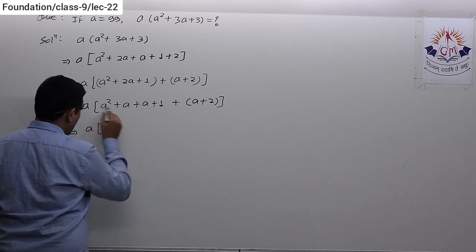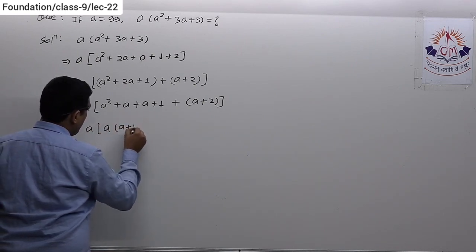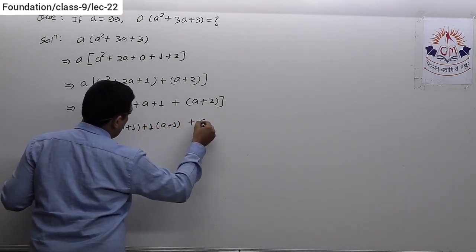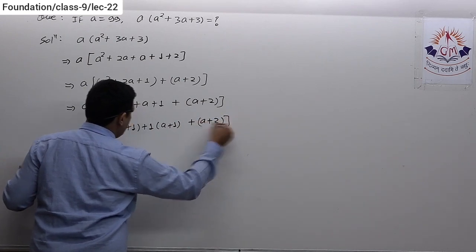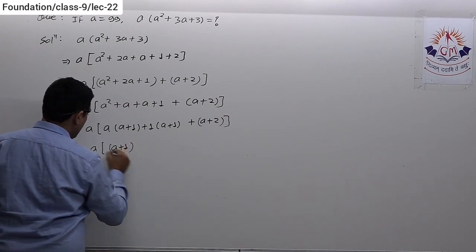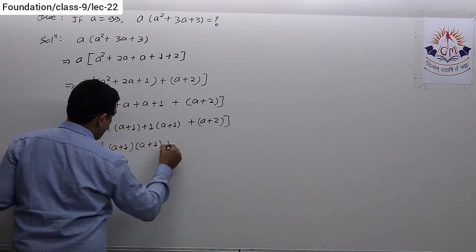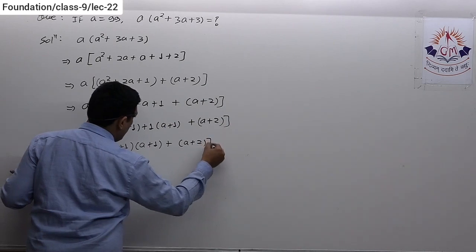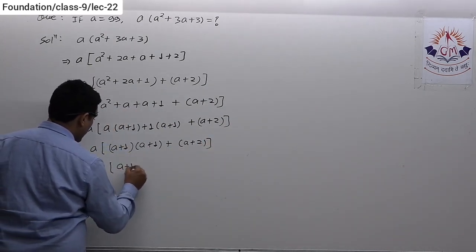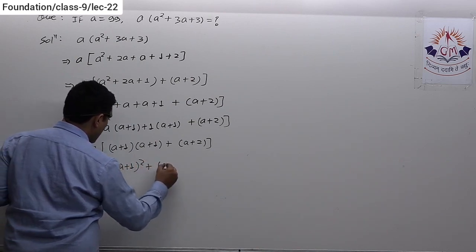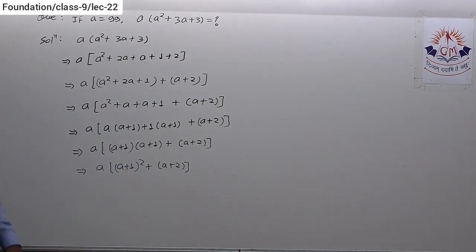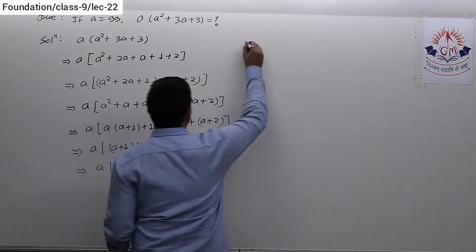If I take A common, A plus 1, and if I take 1 common, A plus 1, plus A plus 2. So this becomes A plus 1 times A plus 1, plus A plus 2. Now over here I can write A plus 1 whole square plus A plus 2. Now this is almost done. Simply I will put the value of A to get the final answer.